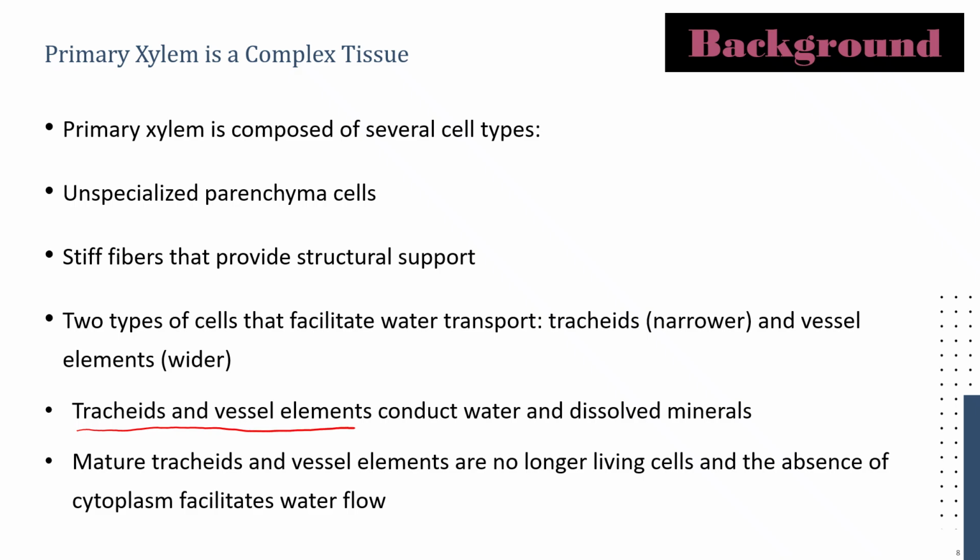These grow, and then as they mature, they actually die off. And then because they've died and no longer have all of the functional cell parts, basically their cytoplasm dries up, and then the tracheids and the vessel elements can actually help with water flow. So they are essentially a cell skeleton that allows water to move up through the plant.